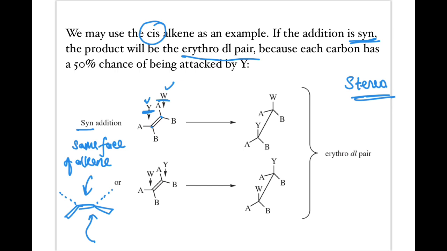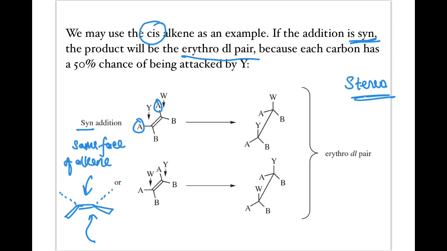Okay, so if we have taken a cis alkene, for example, both the A groups are on the same side. This is our cis alkene. So both the A are on the same side. Now if we are adding Y and W, then it is going to be like this. Both of them have added in the same way.